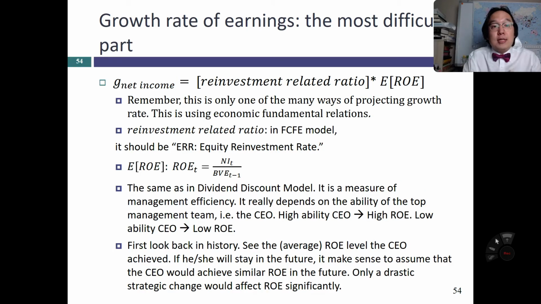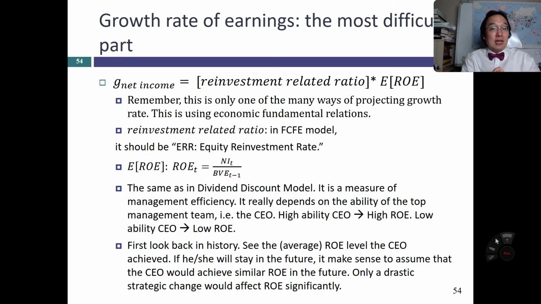So growth rate in net income should be ROE times reinvestment related ratios, either retention ratio as you call it, or equity reinvestment rate in FCFE. This is not the only way, but one of many ways of projecting growth rate.